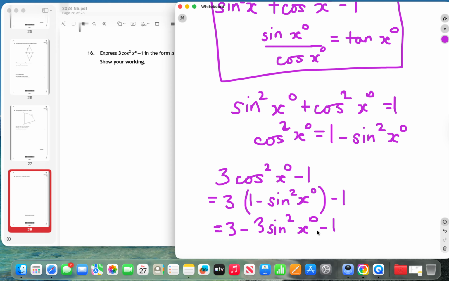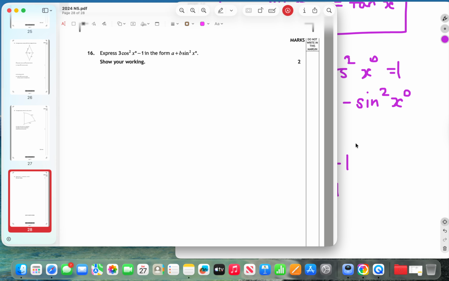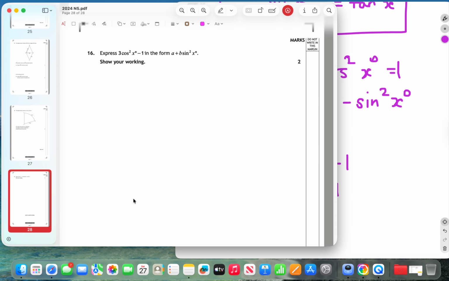Collecting like terms, we get 2 minus 3 sine squared x. And we just want to check if we have it in the correct format, in the form a plus b sine squared x. Well, yeah, we have a is 2 and b is minus 3.